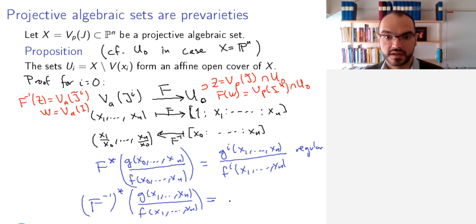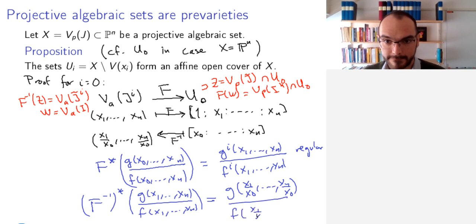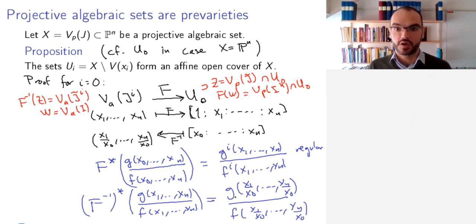This is going to be g(x1/x0, ..., xn/x0), and same here with f. And that's the same as the quotient of the homogenization. So by multiplying with a sufficiently high power to clear the denominators, you get it as the quotient of two homogeneous polynomials of the same degree.